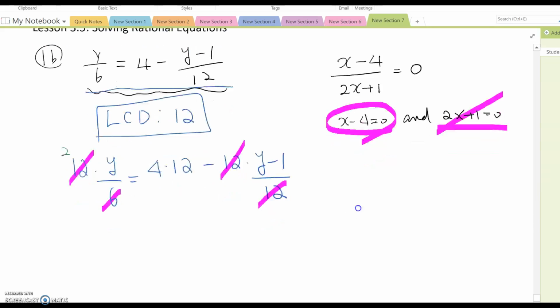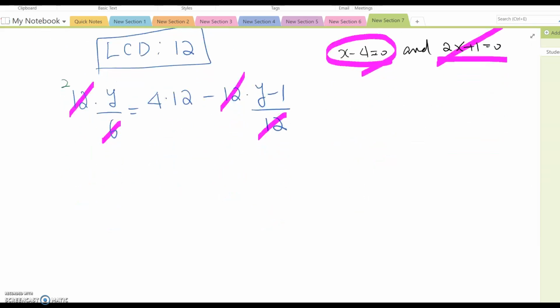Then this is going to be 2y equal to 48 minus y minus 1. Of course, we have over 12, but as you know, we don't care about the denominator value.